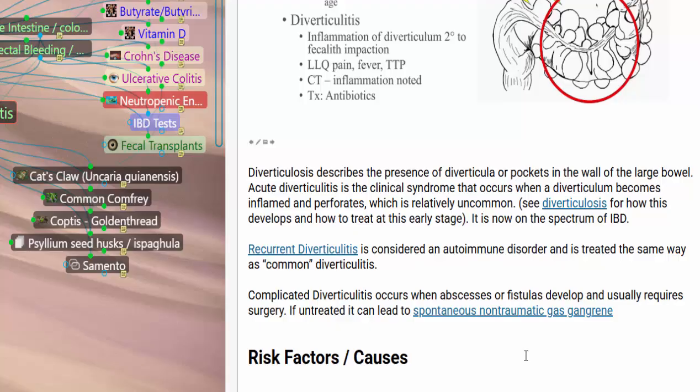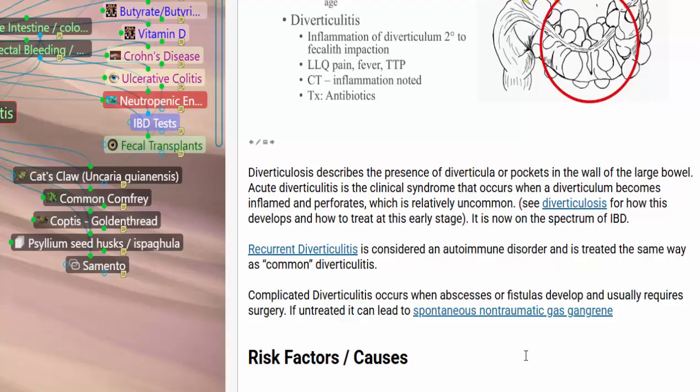So, diverticulosis, as I said, describes the presence of diverticula, or pockets in the wall of the large bowel. Acute diverticulitis is the clinical syndrome that occurs when a diverticulum becomes inflamed and perforates, which is relatively uncommon. People can also have recurrent diverticulitis, and that is considered an autoimmune disorder, but it's treated the same way as common diverticulitis.